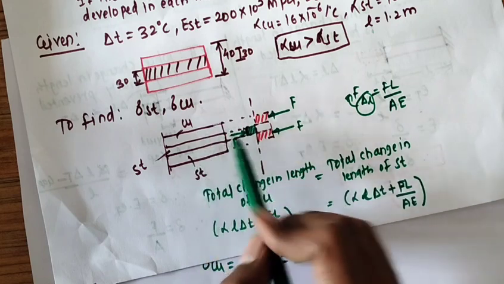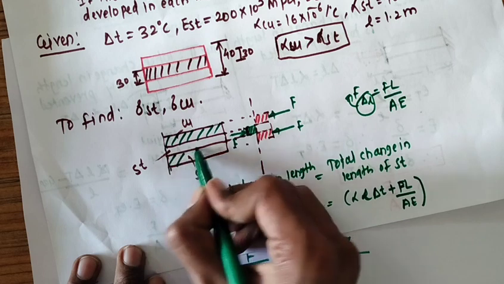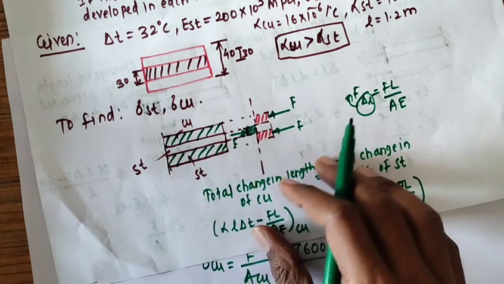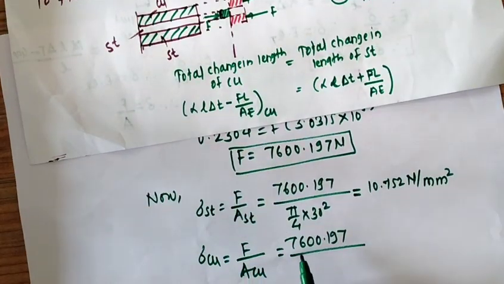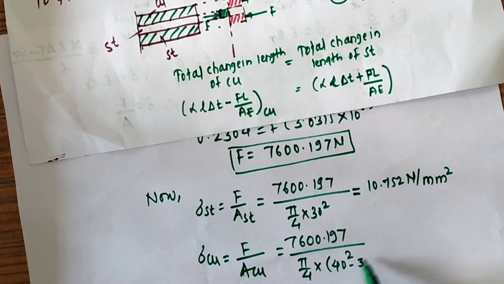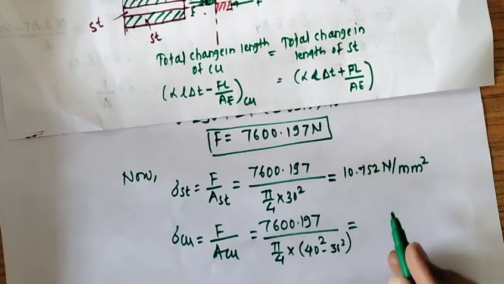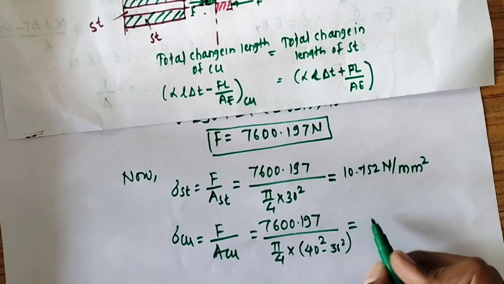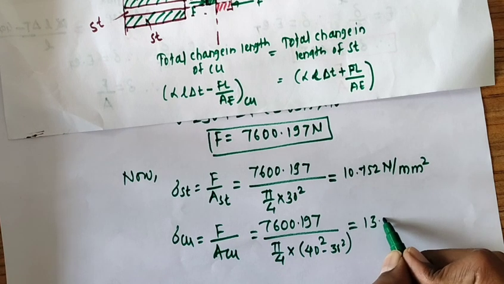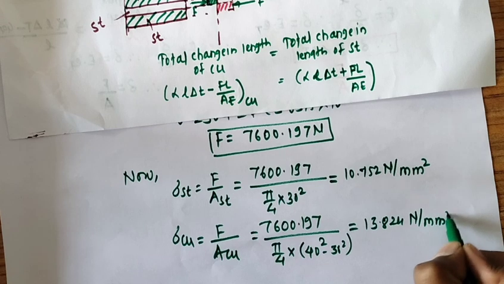Copper is hollow, having an OD of 40 and an ID of 30. So the area of copper is pi by 4 into 40 square minus 30 square. By solving this, we get sigma Cu equal to 13.824 Newton per mm square.